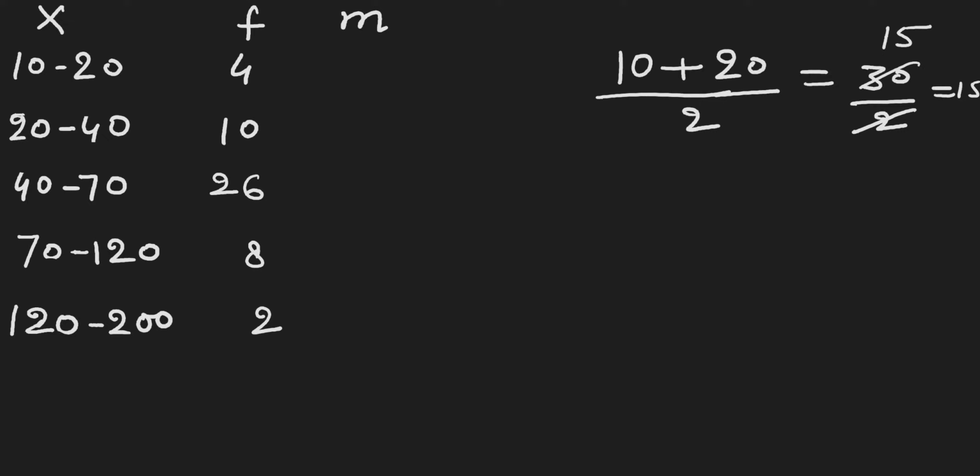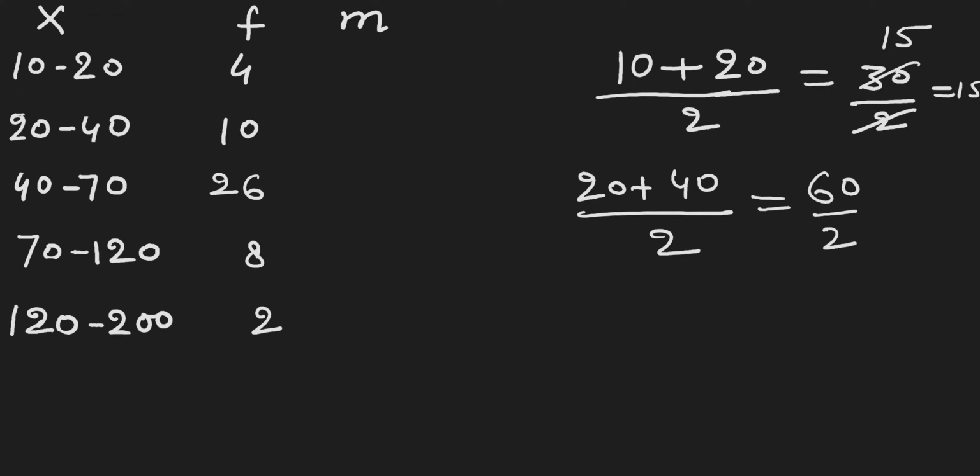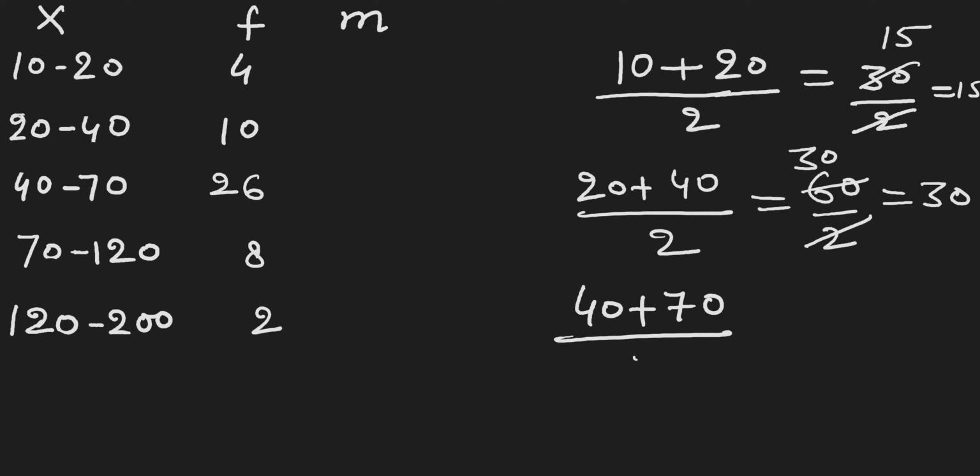Then if we calculate mid value for 20 to 40, it will be 20 plus 40 divided by 2. It means 60 by 2, and after cancelling it we will get 30. Likewise, for 40 to 70, it will be 40, the lower limit, plus upper limit 70, divided by 2.